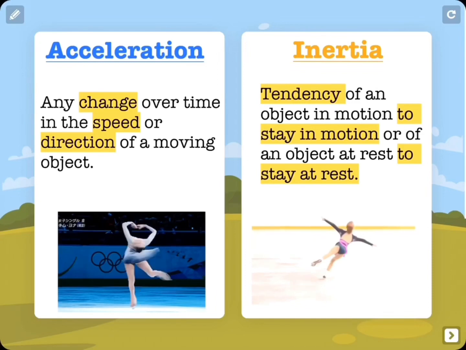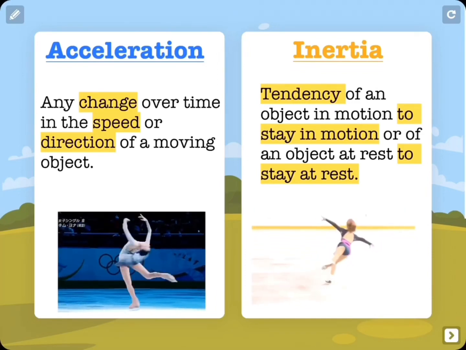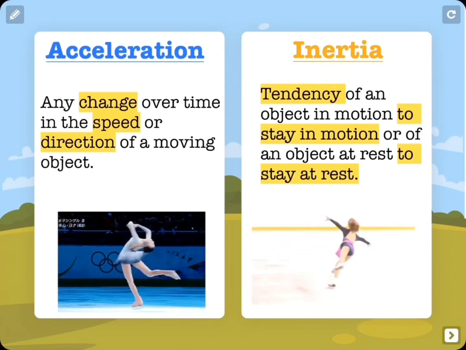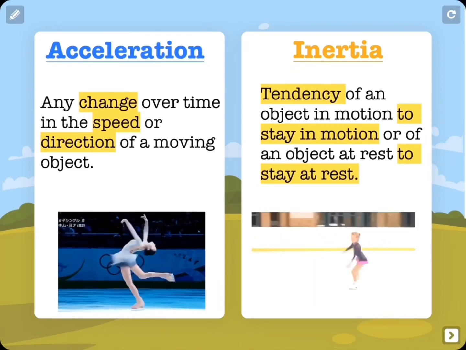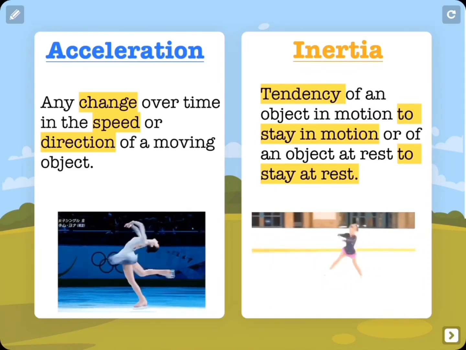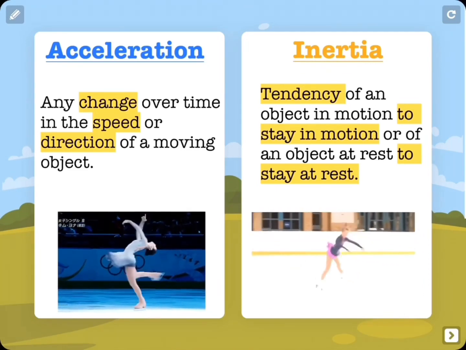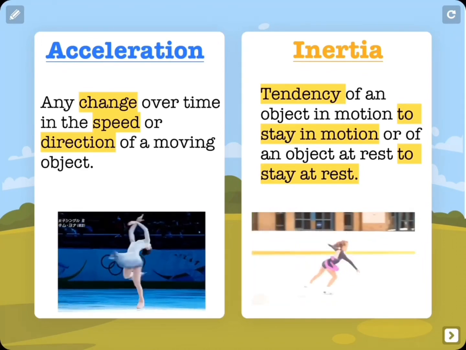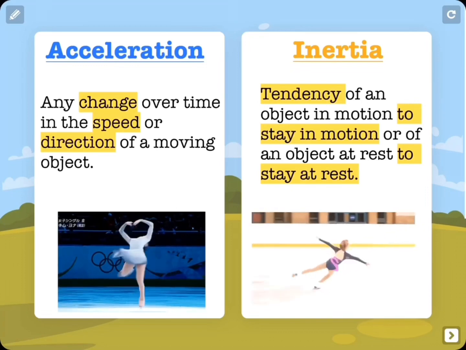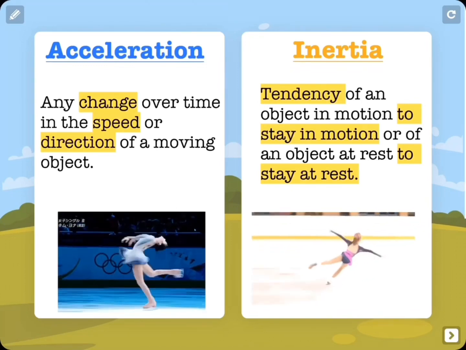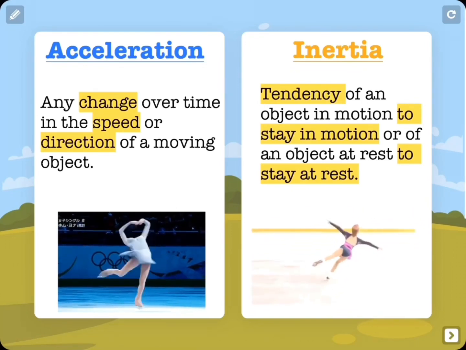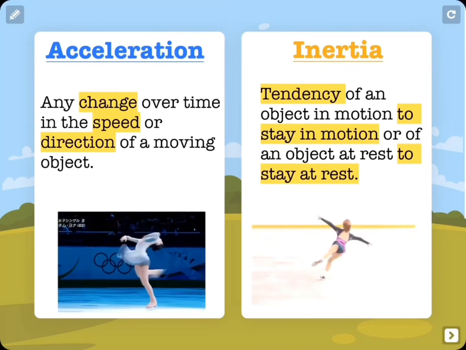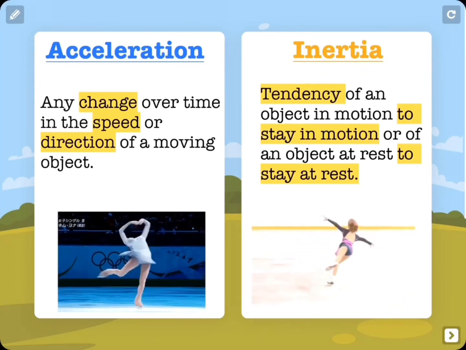As ice skaters move around, they can go faster or slower. They can turn left, right, or skate in a circle. Any change over time in the speed or direction of a moving object is what we call acceleration. Now, an ice skater will not start to move unless a force acts on her.